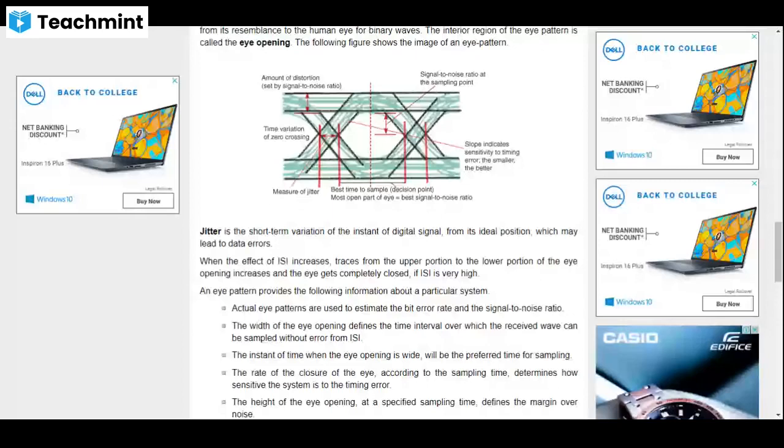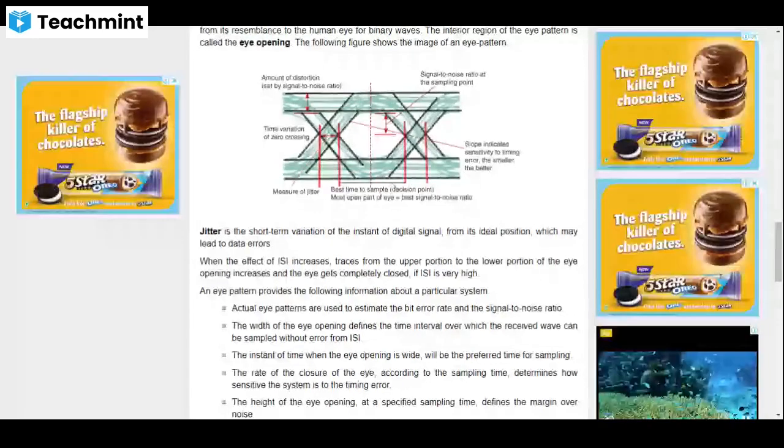When the effect of ISI increases, the trace from the upper portion to the lower portion of the eye opening increases and the eye gets completely closed. If the eye gets completely closed, there will be huge ISI, high ISI.